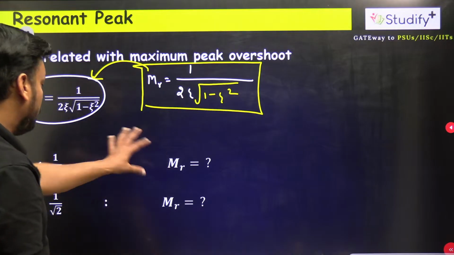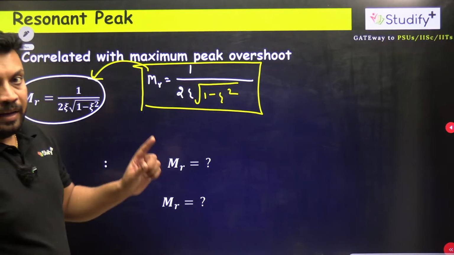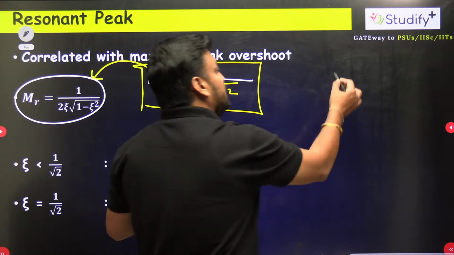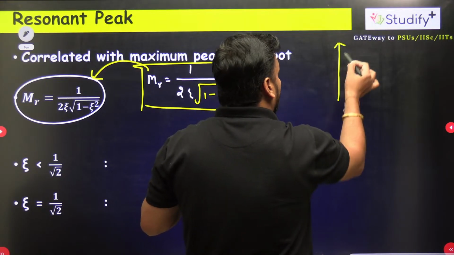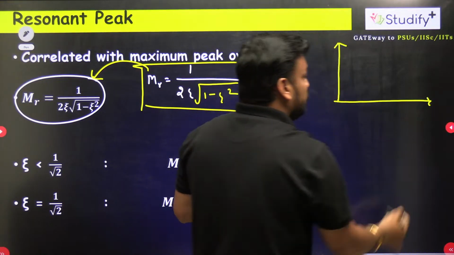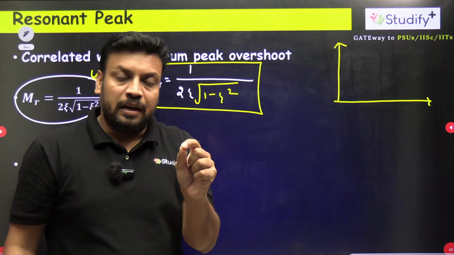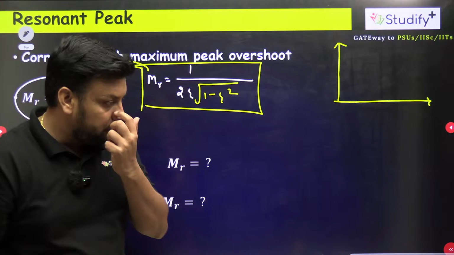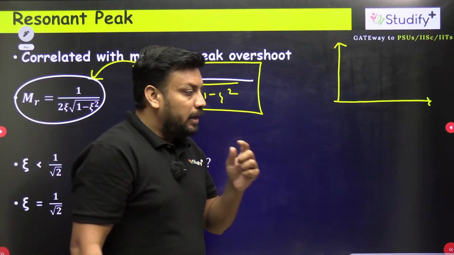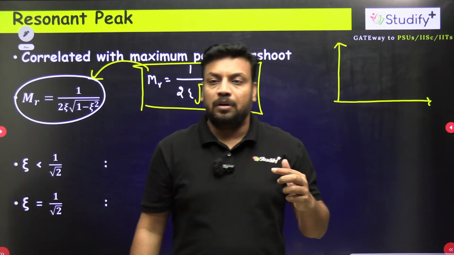Now we have one important condition. Resonant peak has only significance or is only valid if any resonant frequency is possible. It means Mr is only possible if omega r is possible.